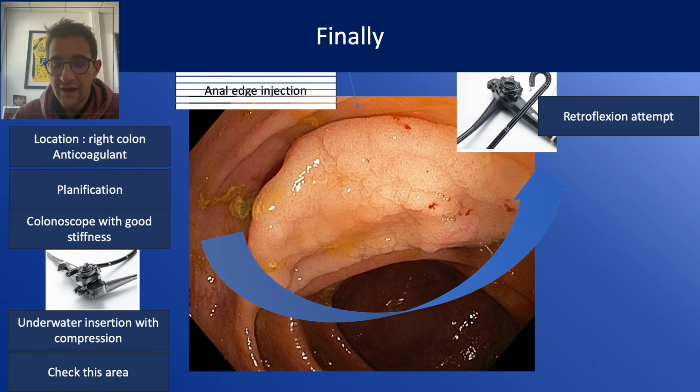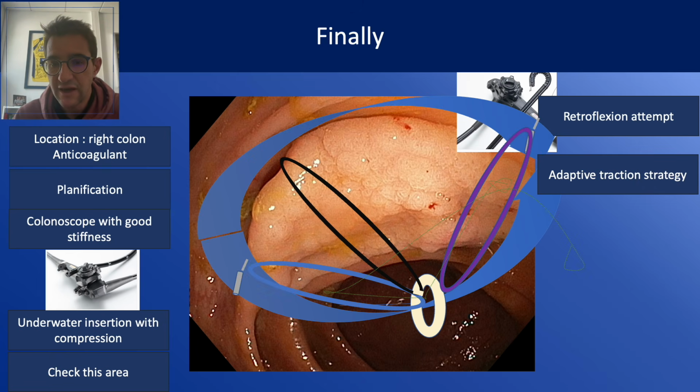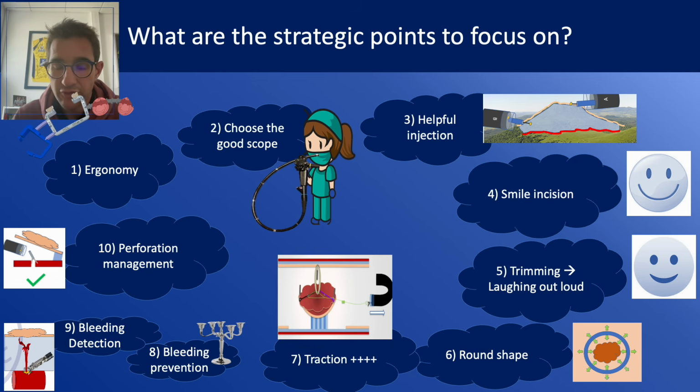We did the oral edge incision and then the anal edge injection and the anal edge incision. We placed the traction device, ATRACT, with adaptive traction. We did the bleeding prevention during the procedure, and finally this patient was treated with an R0 resection without perforation, despite the fact that budding made the resection non-curative.